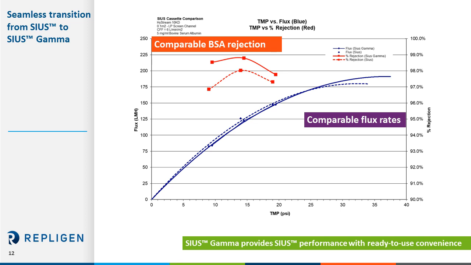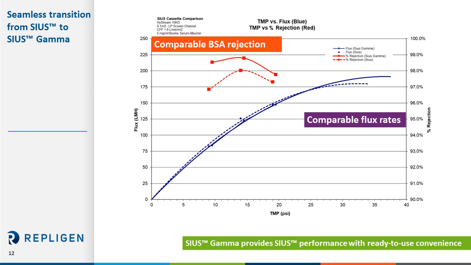As part of our product validation for CS Gamma, we have demonstrated that the TangenX UF membrane performance is unchanged by the exposure to gamma radiation. In this plot, we have flux as a function of transmembrane pressure. The permeate flux is shown in blue, where the TMP ranges from 0 to 35 psi. As expected, the traces for both the CS non-irradiated and the CS Gamma irradiated version are highly comparable.